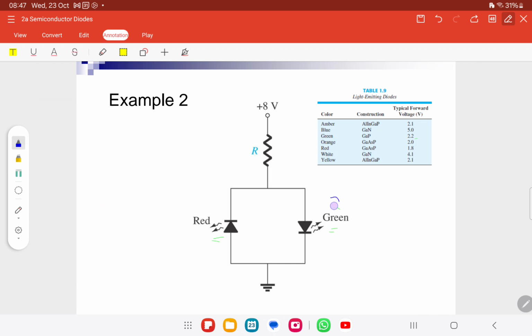Which one will turn on? Green is 2.2 voltage. Red is 1.8. But this one is positive, negative, negative, positive. So which one will turn on?